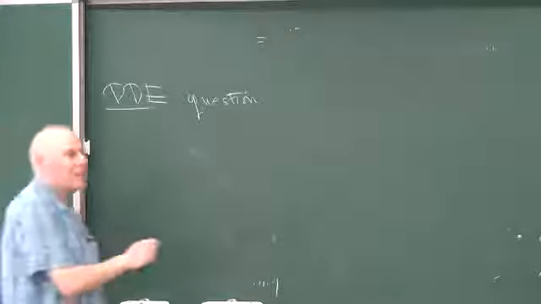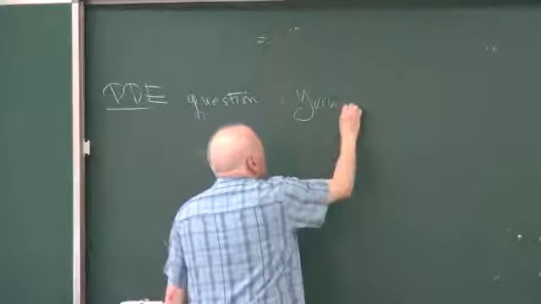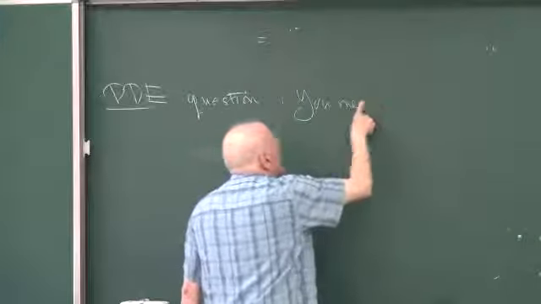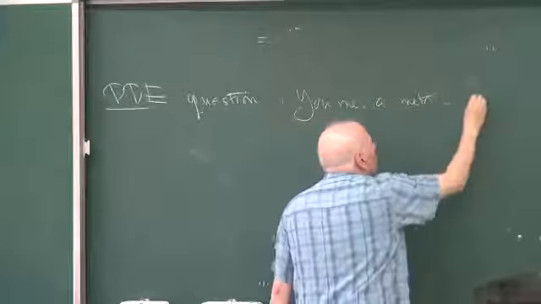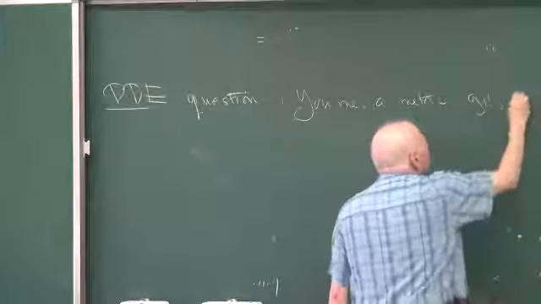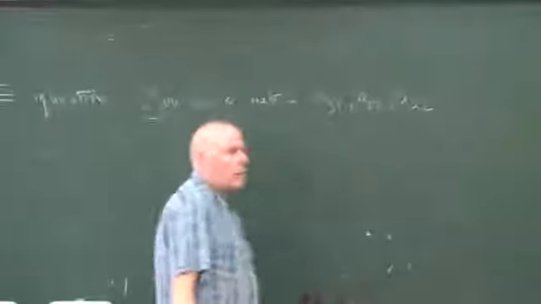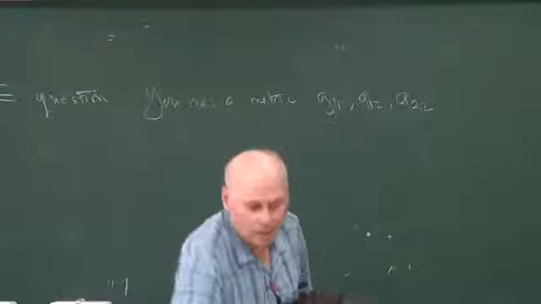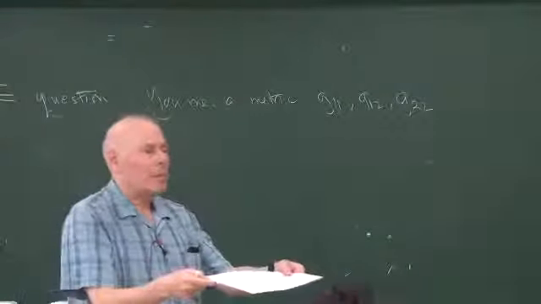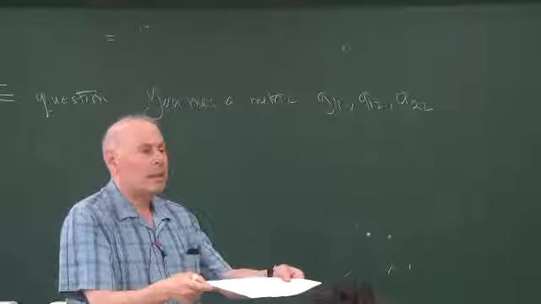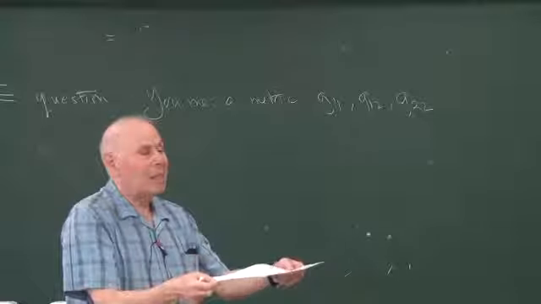So you give me a metric. Let's just do it in 2D. So you give me g11, g12, and g22. For example, you gave me the metric here. Is there always a surface that satisfies that metric?